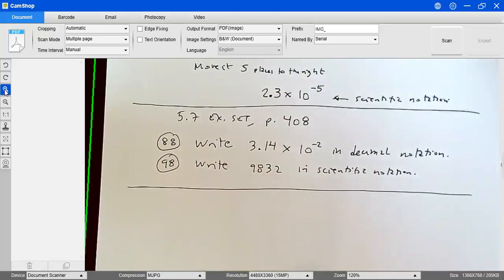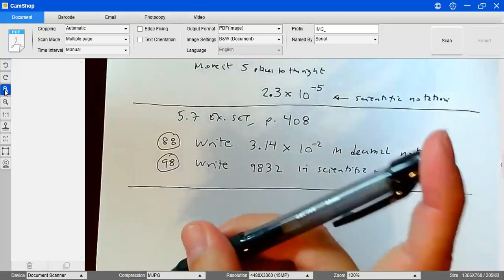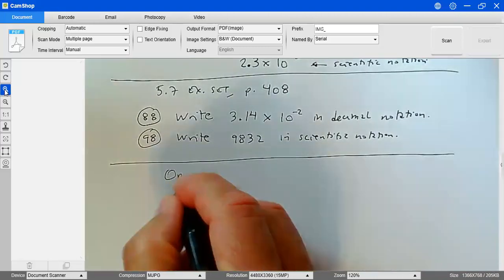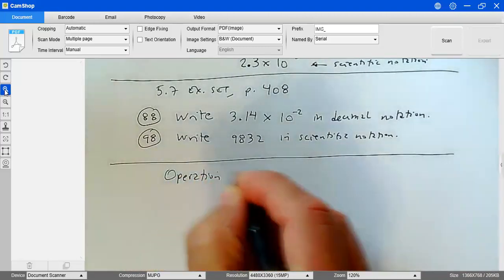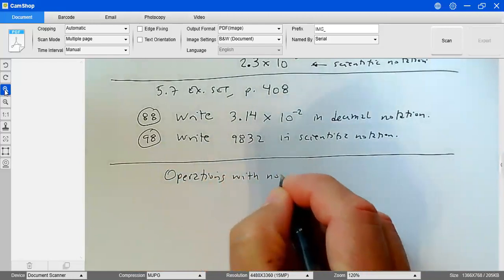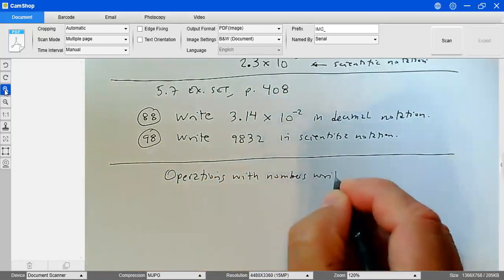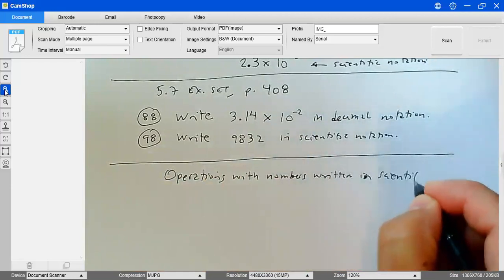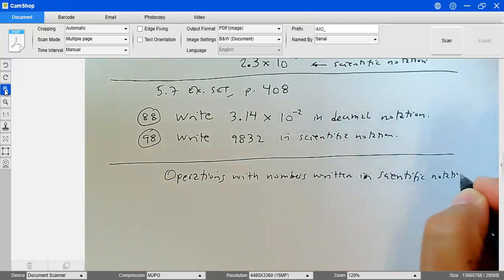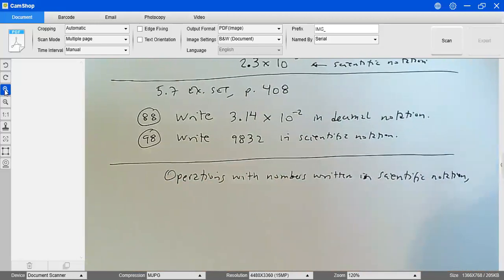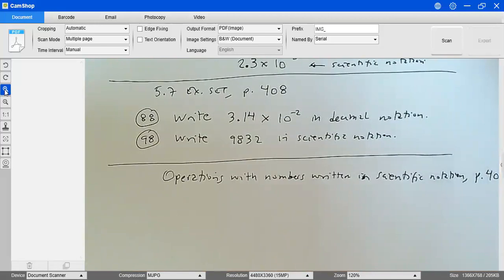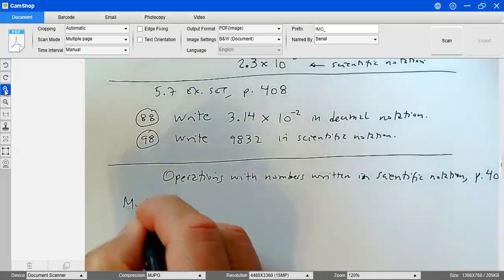I'm going to write the operations with numbers written in scientific notation, because I want to fix the typo. If I only give you the recommendation of looking at that table or the green box on page 405, you might forget that we need to fix a typo.